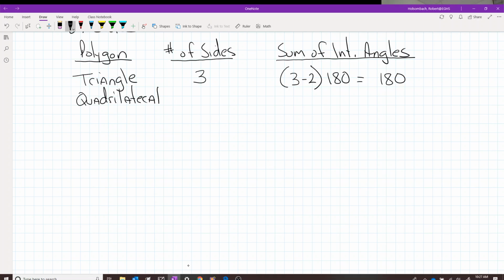So let's try a quadrilateral. How many sides do you think a quadrilateral has? Good. So the sum of the interior angles of a square, a rectangle, a rhombus, a kite, or a trapezoid would be equal to 4 minus 2 times 180, and that is 360.